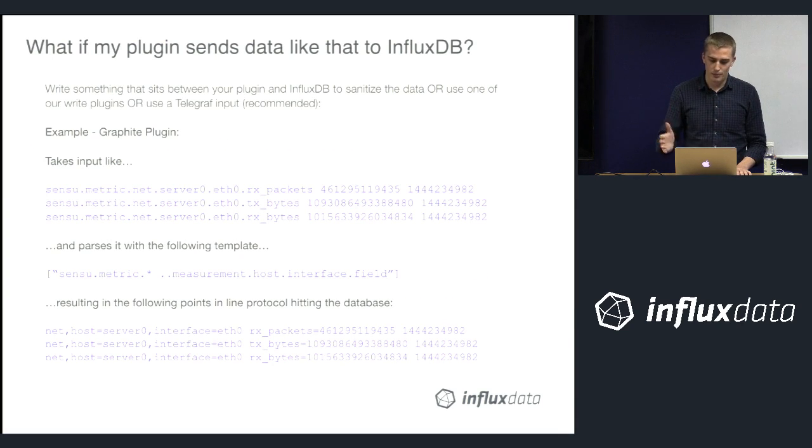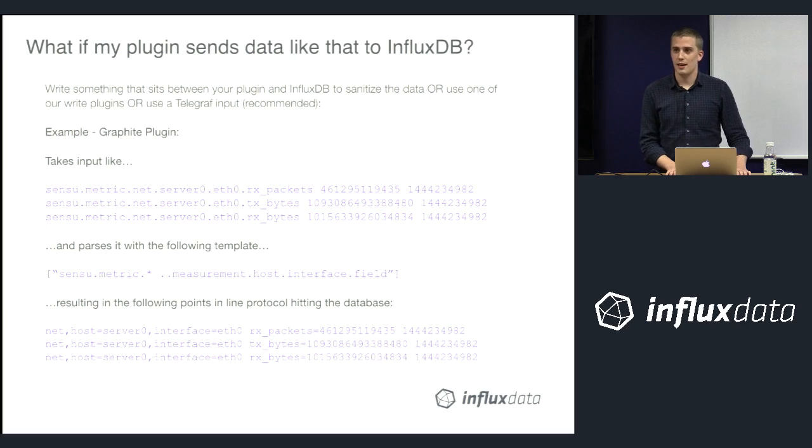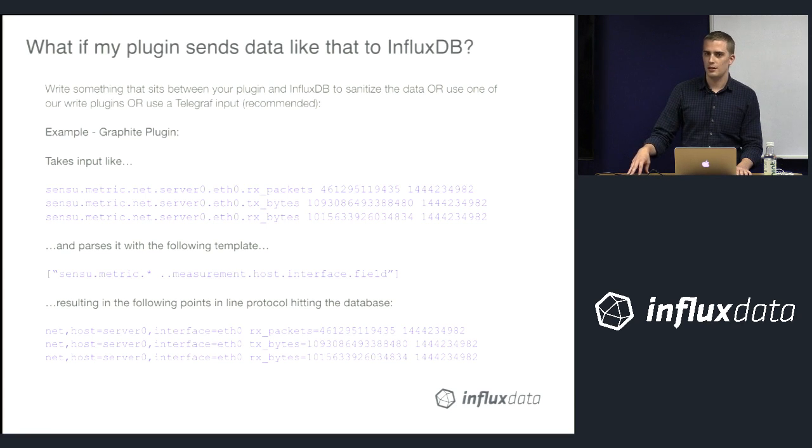So again, what if my plugin sends data to InfluxDB like that? There are a couple things you can do. In that case, you can use InfluxDB's built-in input to parse that. We've got several inputs, mostly Graphite, collectd, and OpenTSDB, and they'll parse those points. You can also use Telegraf, which takes a number of different formats.